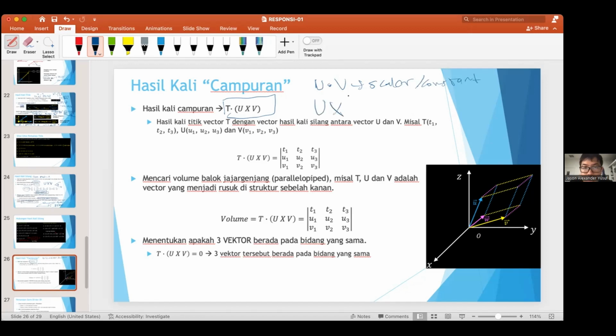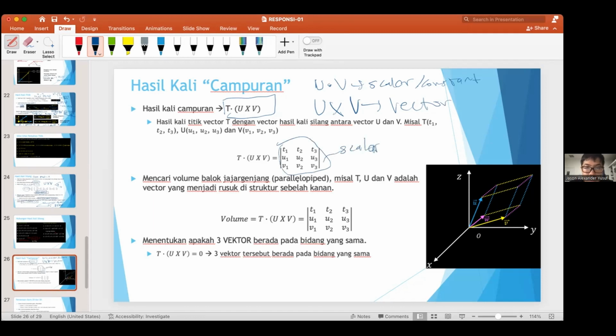If you cross, you will get, not a matrix, but a vector. So basically, since t is also a vector and u cross v is a vector, and we are taking a dot product of a vector with another vector, it should not surprise you that we are going to get a scalar.